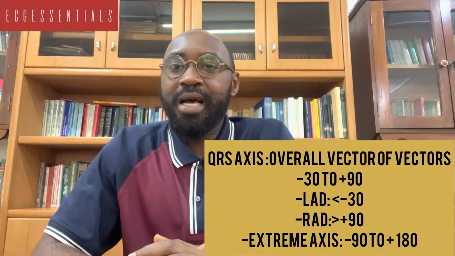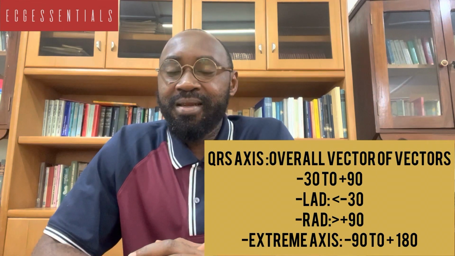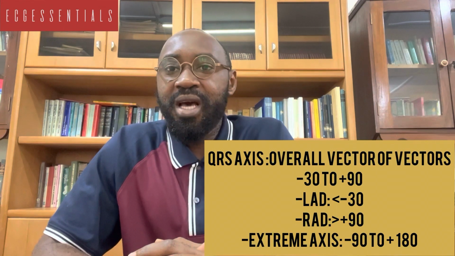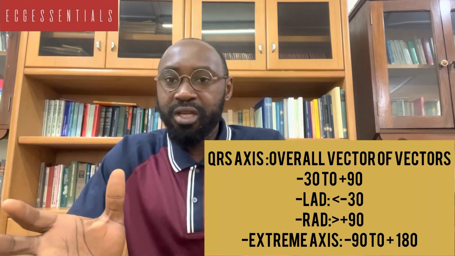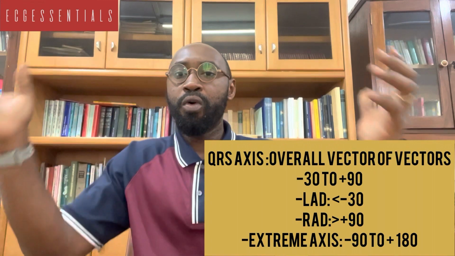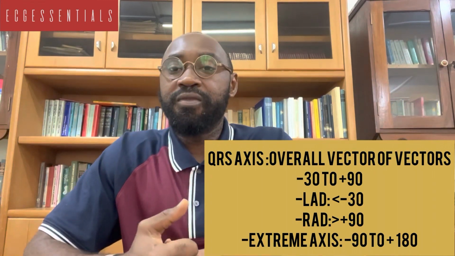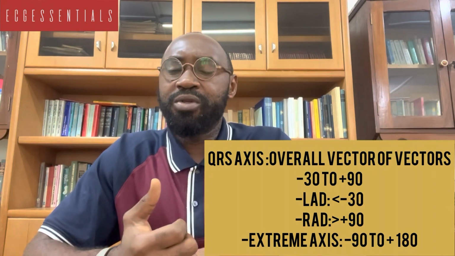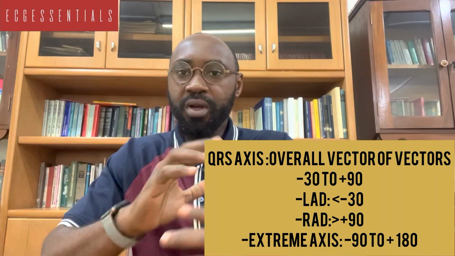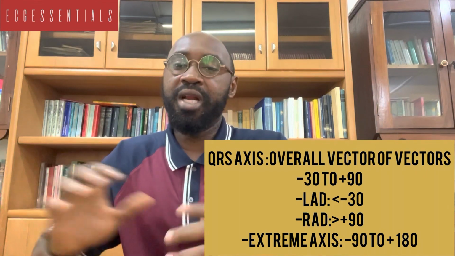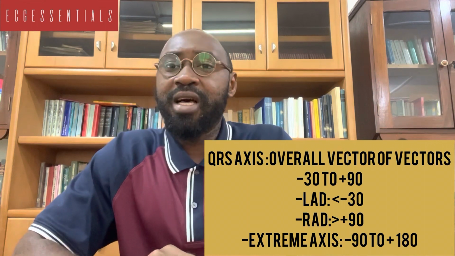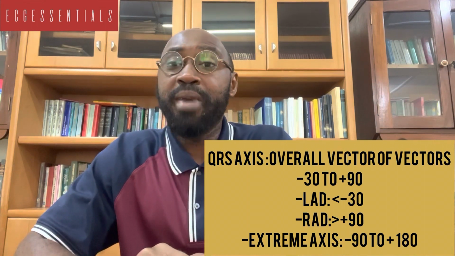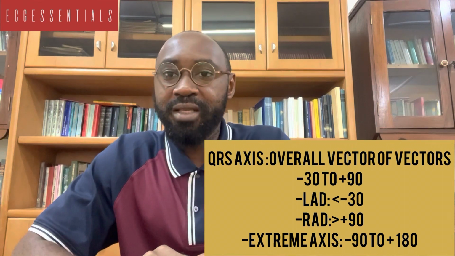So the other thing about the QRS is the axis of the QRS. And we said that the axis is just the sum of the depolarization vectors, the overall vector of vectors in terms of the ventricular depolarization, and that has been said to be between -30 to +90.